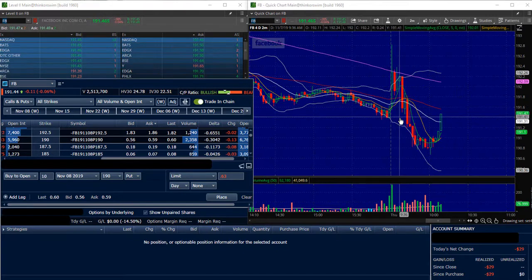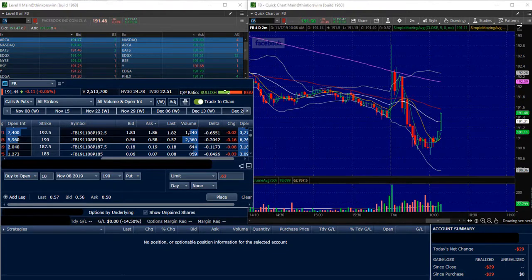I'm looking for Facebook to show some sign of weakness so that I can enter into a potential short opportunity. But at this point, this move to the upside is looking very powerful. So I'm just going to wait and see what happens with it. I'm not going to enter into a trade until Facebook has met my criteria.